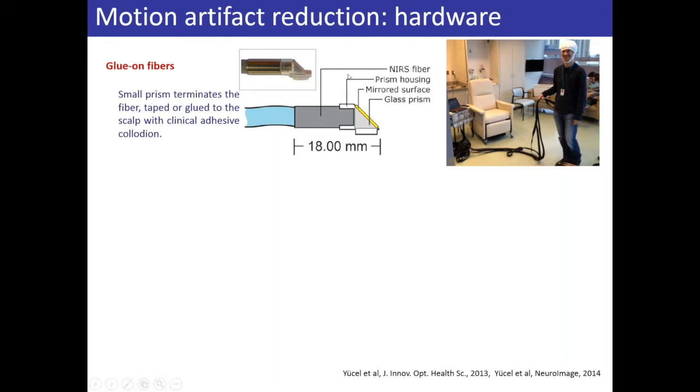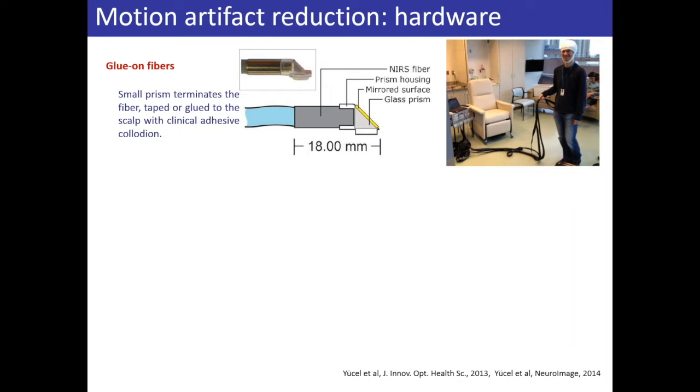So we built special fiber ends with a glass prism, and we tried these fibers on the scalp. Our first test subject was David. Here you see David, and we were able to get good signals even during motion. He was walking, and we were looking at the screen, and the signal was quite robust to motion.